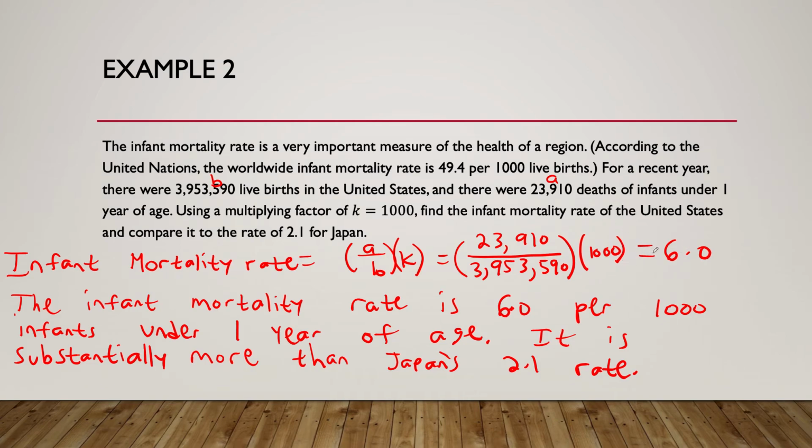This gives us an answer of about 6.0. So the infant mortality rate is about 6 per 1,000 infants under 1 year of age. It is substantially higher than Japan's infant mortality rate of 2.1 per 1,000 infants.